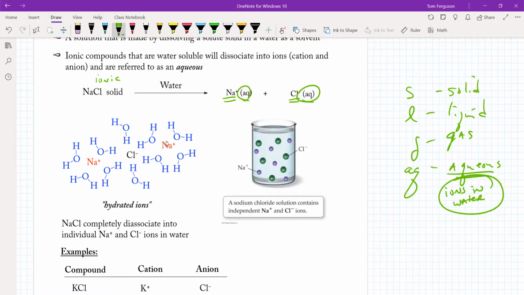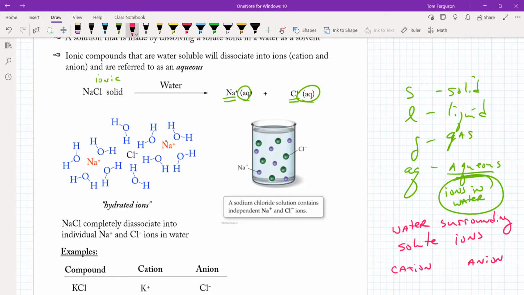Whenever we see the aq, that's aqueous, meaning ions in water. Now, when I say ions in water, I really mean water surrounding solute ions, and that is the cation and the anion.